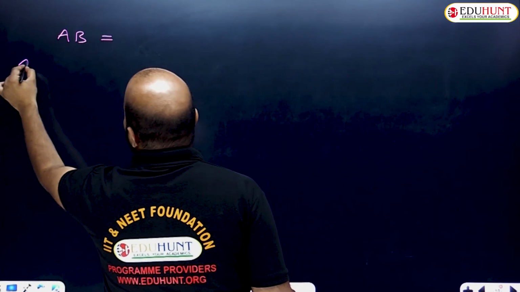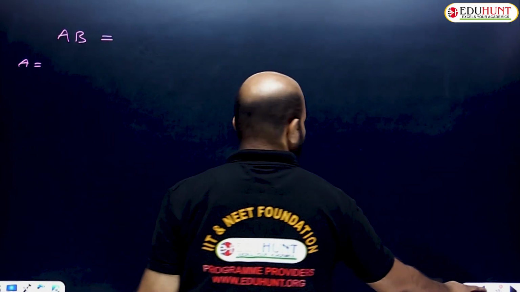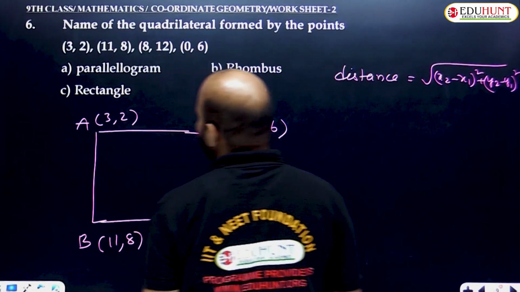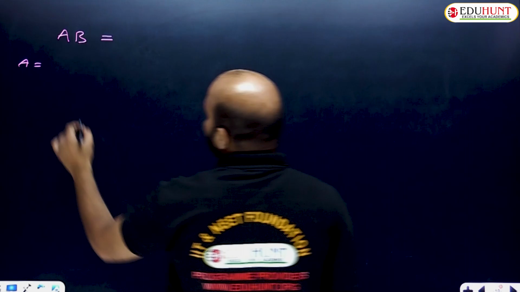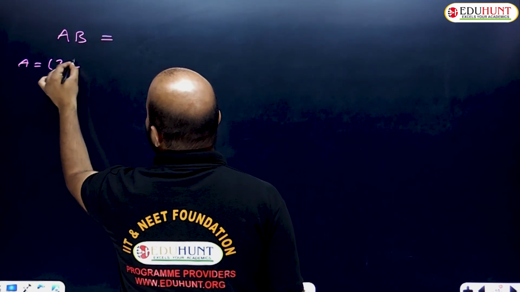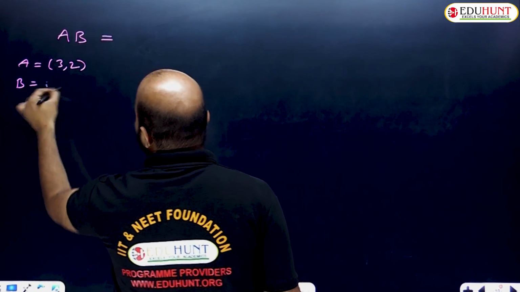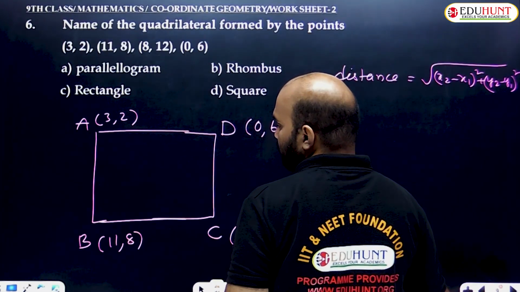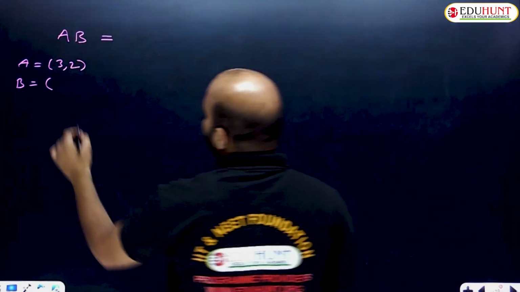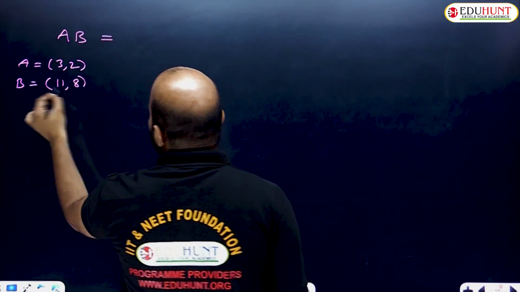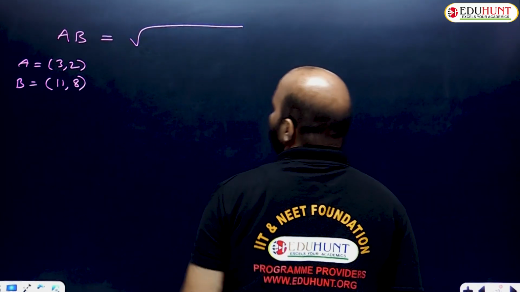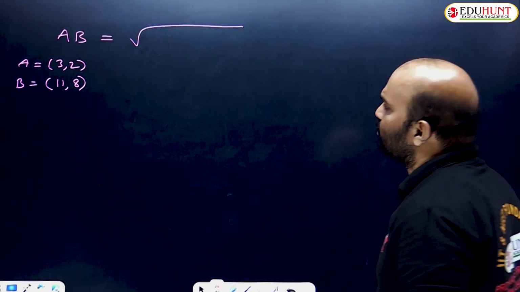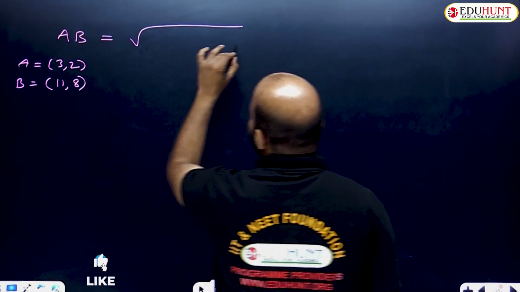So what are the A coordinates here? A coordinates are 3 comma 2, B coordinates 11 comma 8. So by using the distance formula, what is the distance between AB? Square root of x2 minus x1 whole square plus y2 minus y1 whole square.